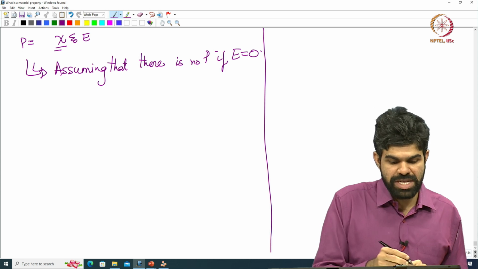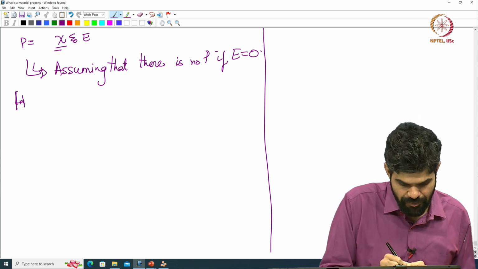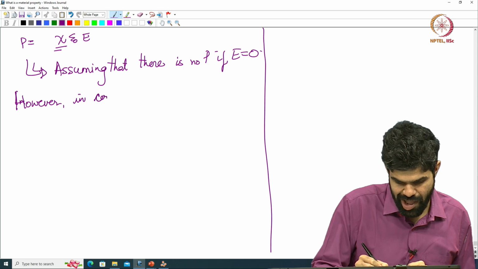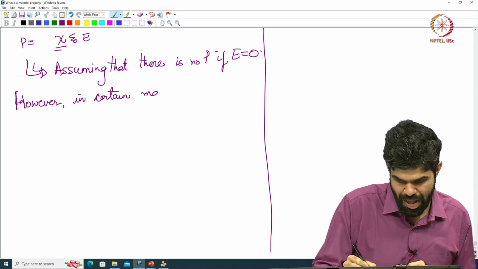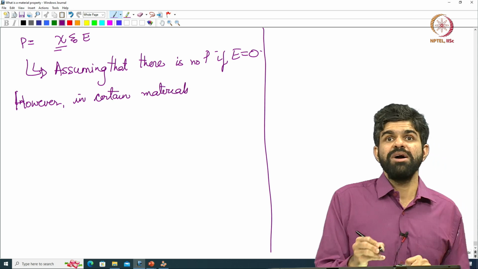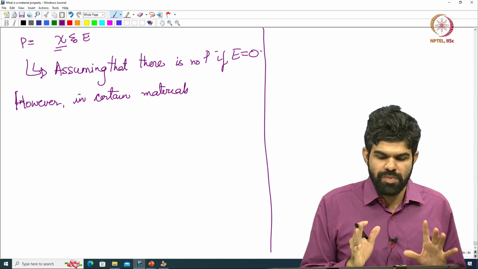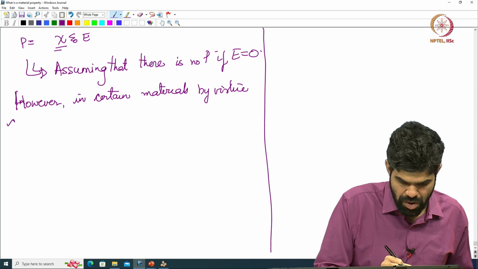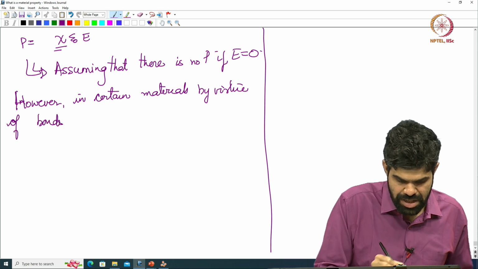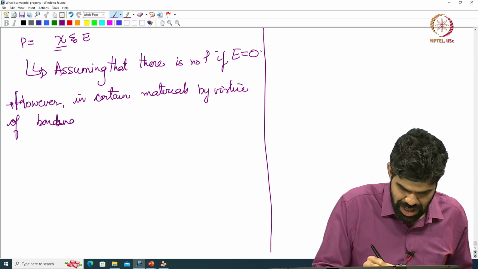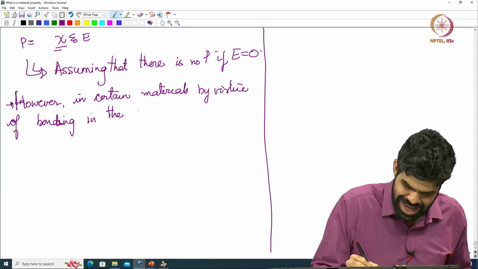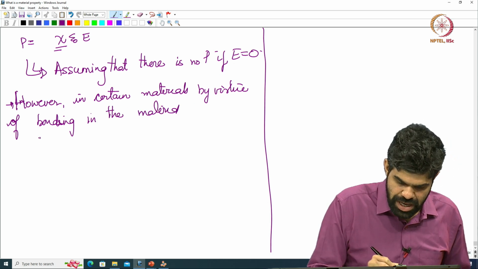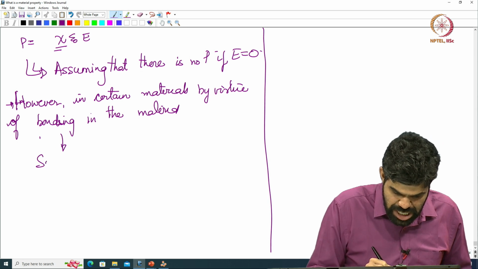But it turns out in certain materials, by virtue of bonding in the material, you can have what is called spontaneous polarization.